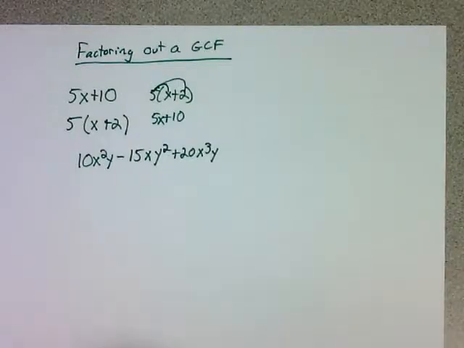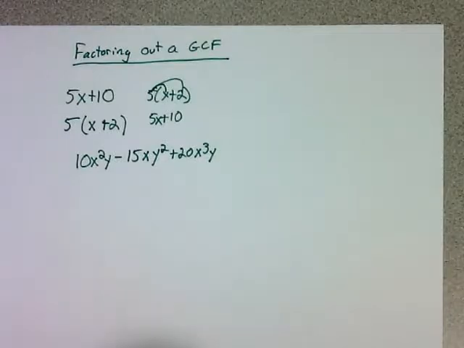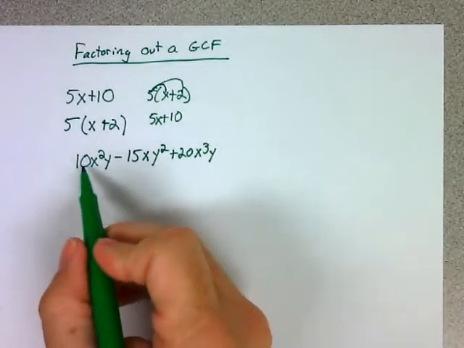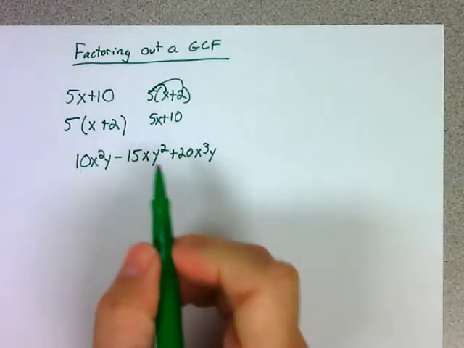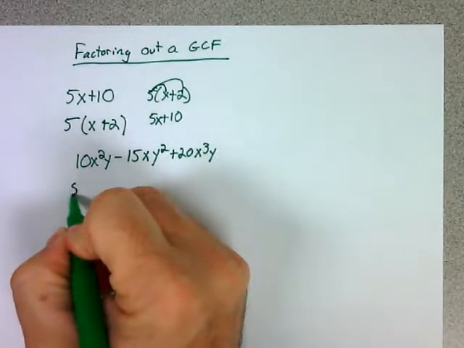We're again looking to see what we can pull out. The easiest way to approach this, especially with multiple variables, is to look at the numbers and then each of the variables individually. So we've got a 10, a 15, and a 20. The greatest common factor between all of them is going to be a 5.